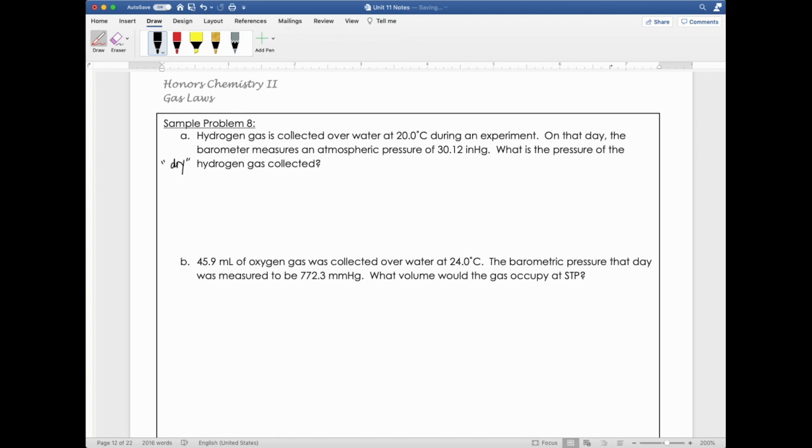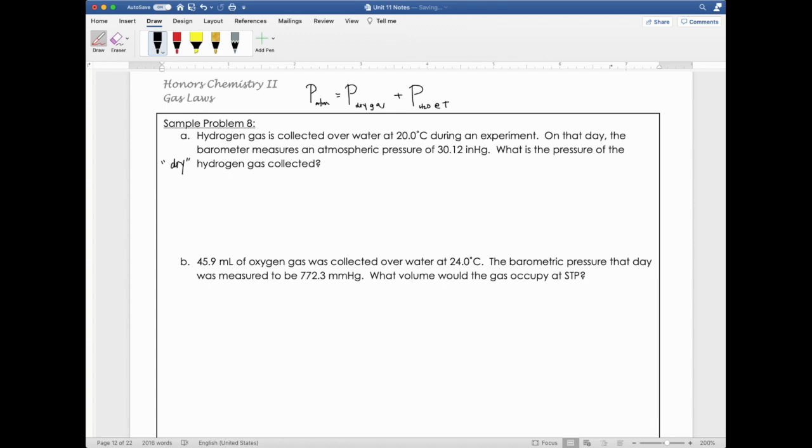I have to use Dalton's law of partial pressures for water displacement. This says that the total pressure, atmospheric pressure, is equal to the partial pressure of the dry gas plus the partial pressure of water vapor at some temperature, I'll just put T there.